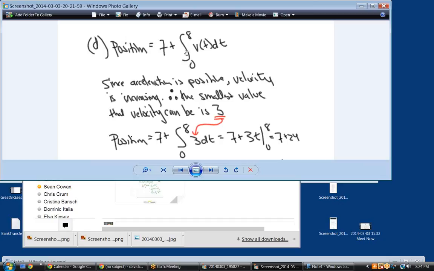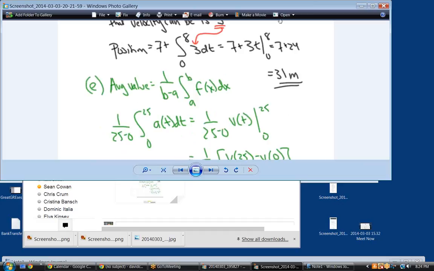Distance is the total distance traveled. But because we know acceleration is positive this whole way, then velocity is increasing. The smallest value that velocity could be is 3. So we do the integral of 3, evaluated at 8, gets the same answer I got, 7 plus 24.